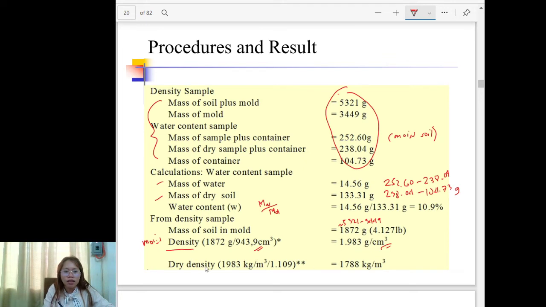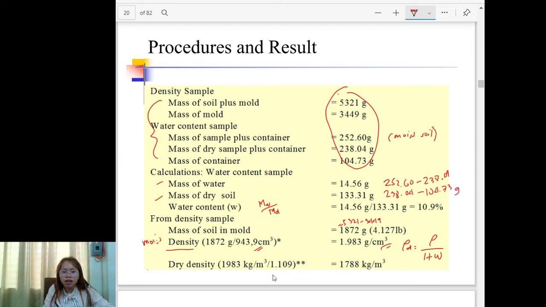And to obtain the dry density, it is equal to the density of the moist soil divided by 1 plus the water content. So we have the moist density, in kilograms per cubic meter, that is 1983, divided by 1.109.